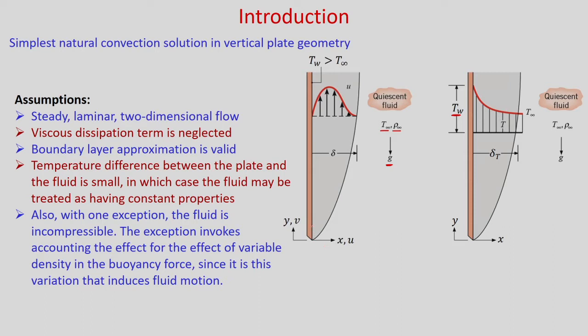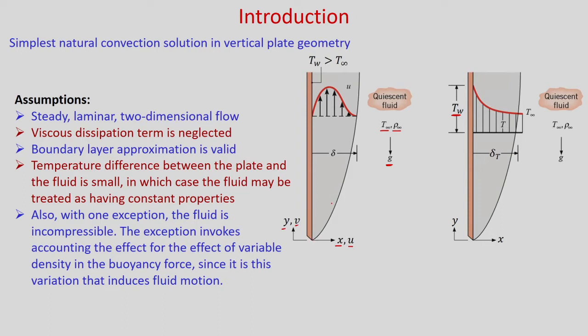So, we are taking x as normal to this vertical plate and the velocity in that direction we will consider as u, and along the plate we are taking the y coordinate and the velocity in that direction will be v. As Tw is greater than T infinity, obviously your fluid will go up and a thermal boundary layer and hydrodynamic boundary layer will form over this plate.